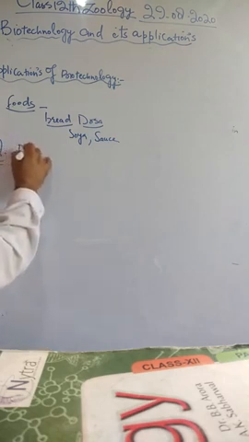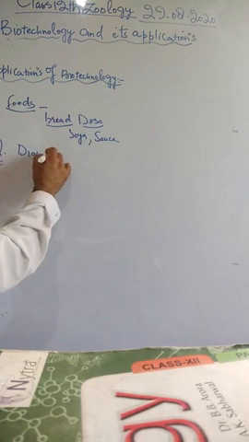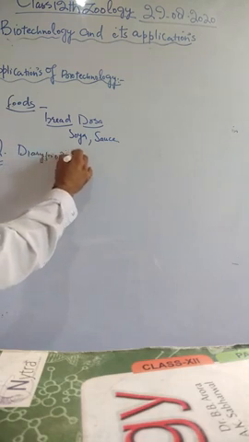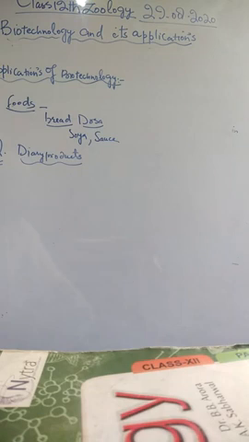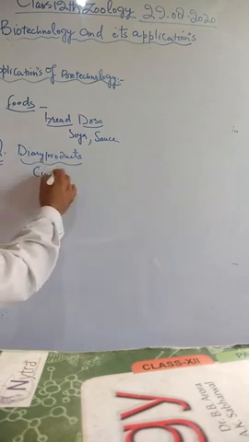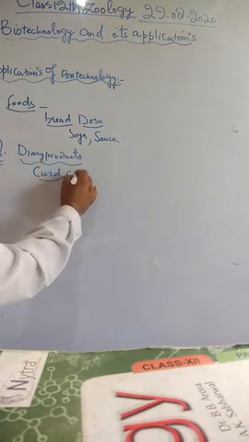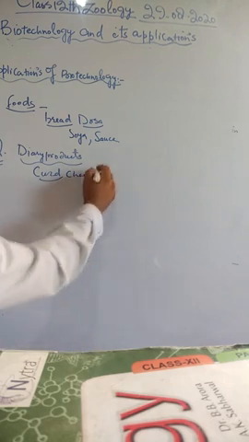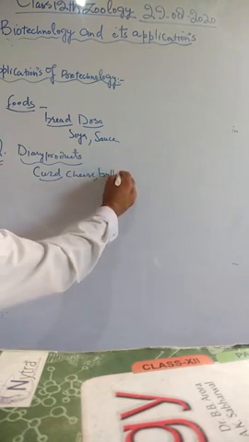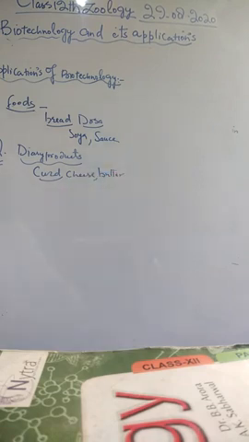In dairy products, we also use biotechnology. How is biotechnology employed in the production of dairy products? Dairy products include yogurt, curd, cheese and butter, in which biotechnology shows applications.